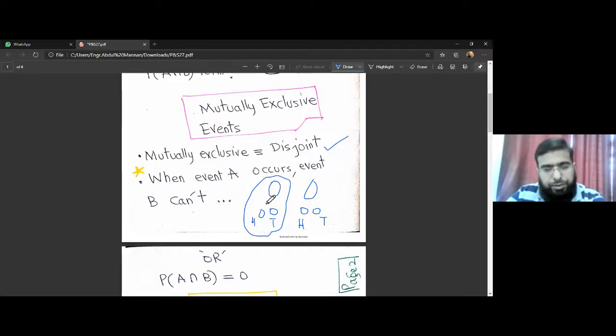So getting a head and a tail together on a single coin is not possible. Therefore, these two events are mutually exclusive for point number 1, and mutually exclusive for point number 2. But if we toss both coins simultaneously, these events are not mutually exclusive, because we can have a head on one coin and a tail on the other coin.